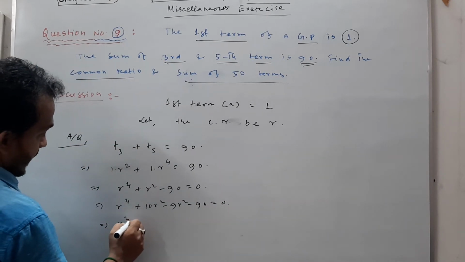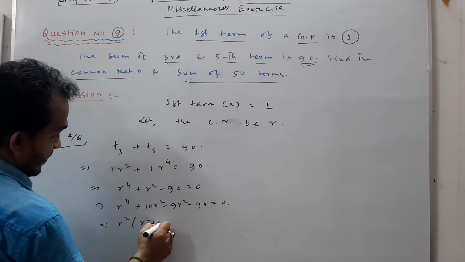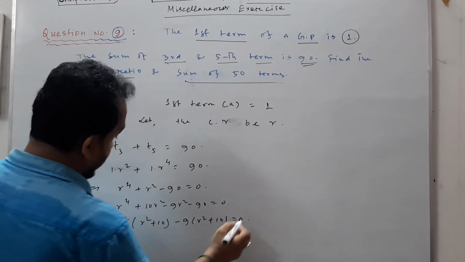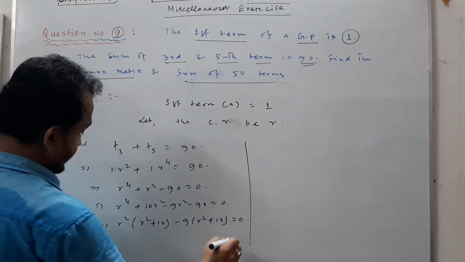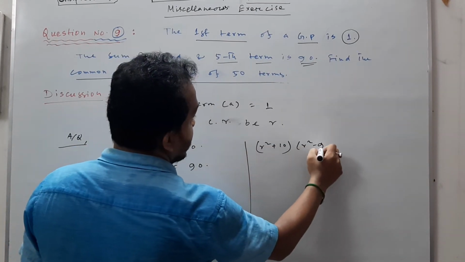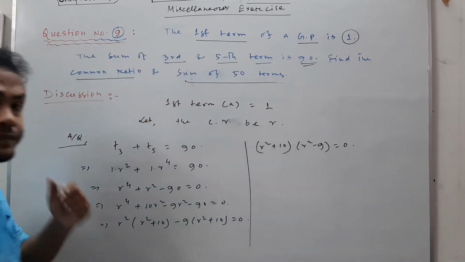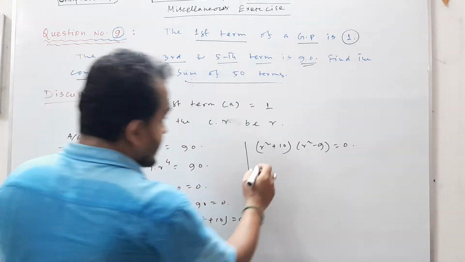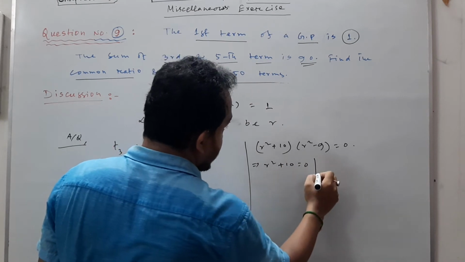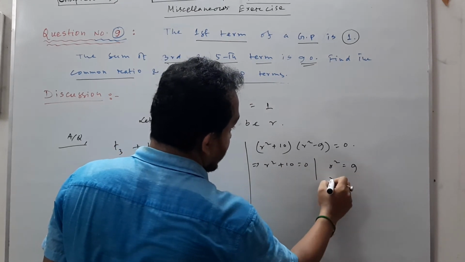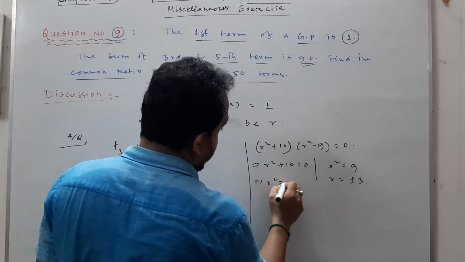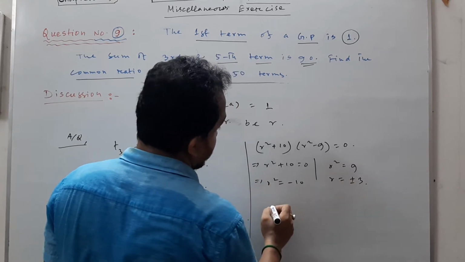Taking R square common, we get R square into R square plus 10, minus 9 into R square plus 10, is equal to 0. So we get R square plus 10 into R square minus 9 is equal to 0. So either R square plus 10 is equal to 0, or R square is equal to 9, or R is equal to plus minus 3.